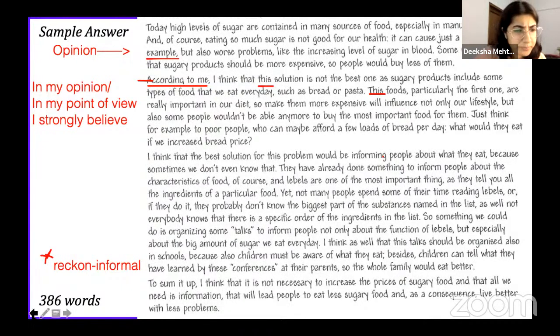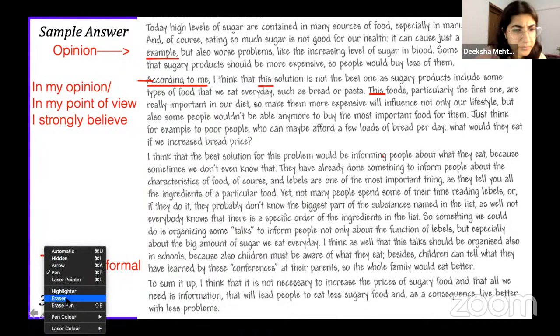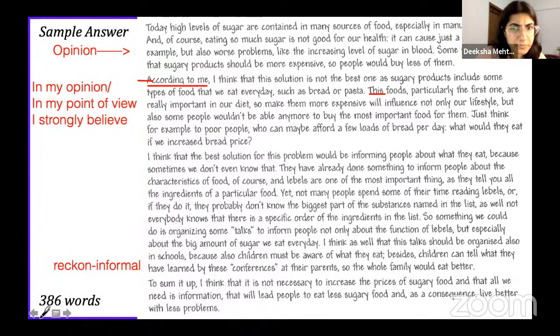That's okay. So this foods is not all right, right? These foods. Then what about wouldn't? He's used wouldn't. Is a contraction all right? No, right? Okay. And what about just think?